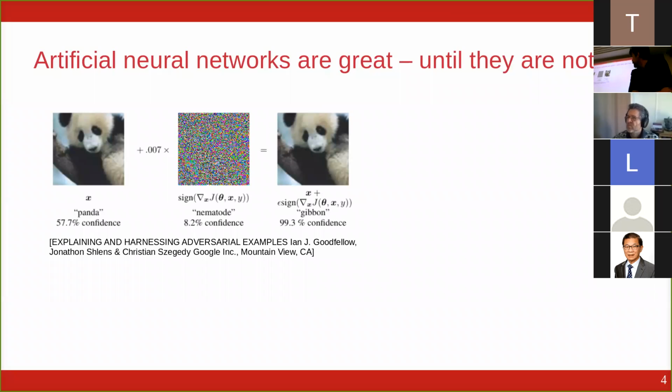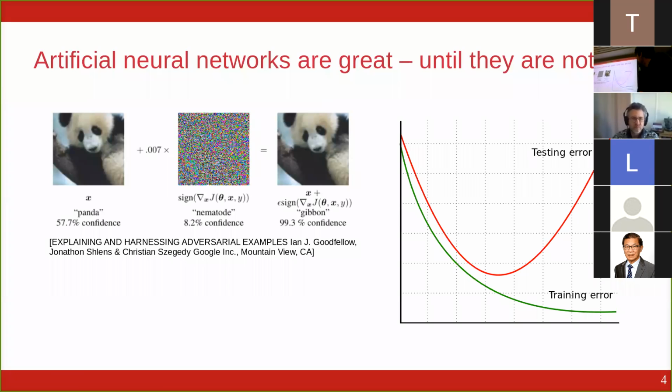What if I add a bit of adversarial noise and I can make a neural network go crazy? Or what if I put a bit too many parameters and the network just overfits the data set, which leads to very good training error, but can lead to crappy results everywhere else.